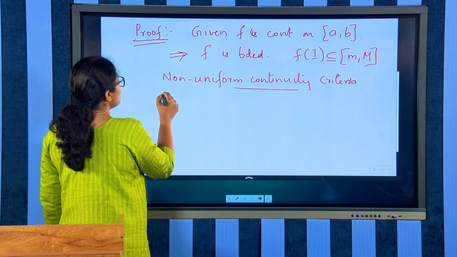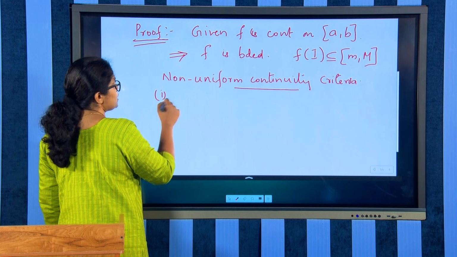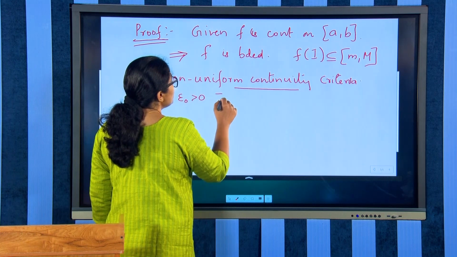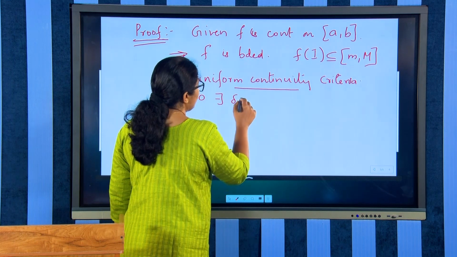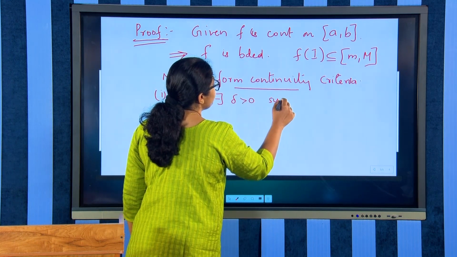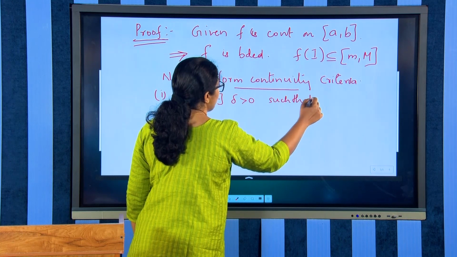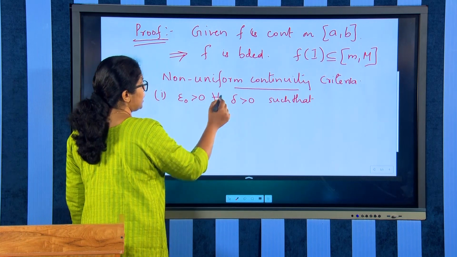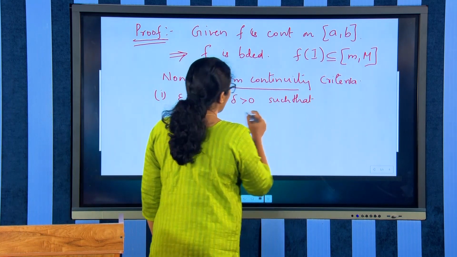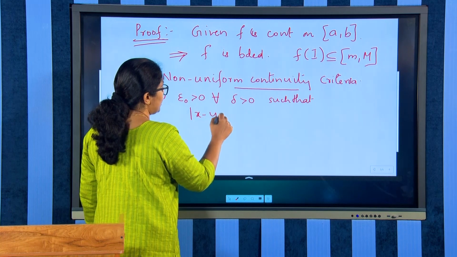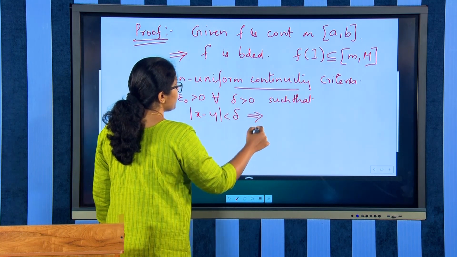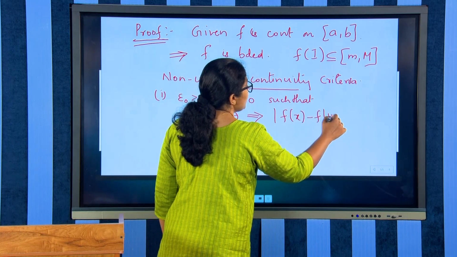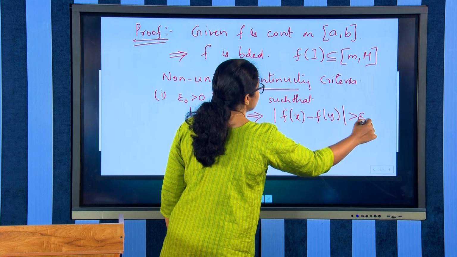So the non-uniform continuity criteria says that there exists some epsilon naught greater than 0 such that for every delta greater than 0, which is the exact negation, there exist points x delta, y delta in the domain A such that modulus of x minus y is less than delta but modulus of f of x minus f of y is at least epsilon naught.